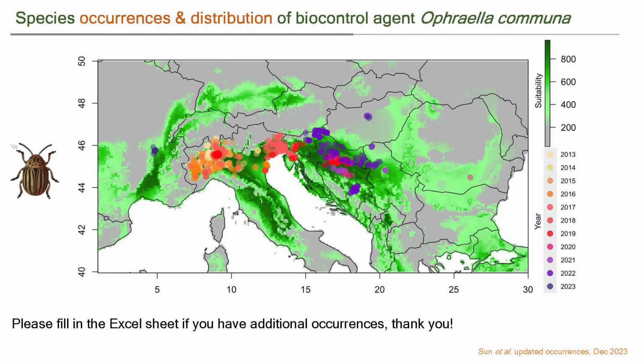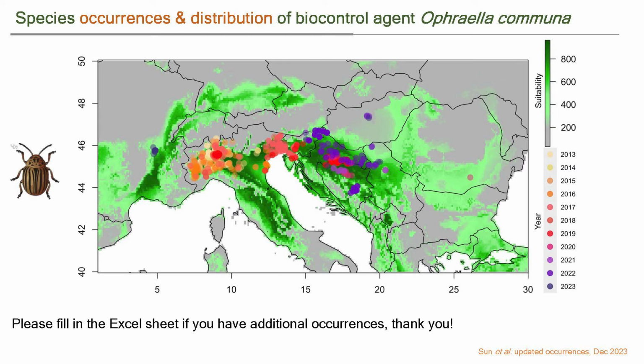This comes to what Heinz said: the updated occurrence map of Ophraella communa. I assume everybody for today's talk must know this beetle very well. The different colors here represent the year, thanks to everybody who sent me occurrences and contributed to this updated map.